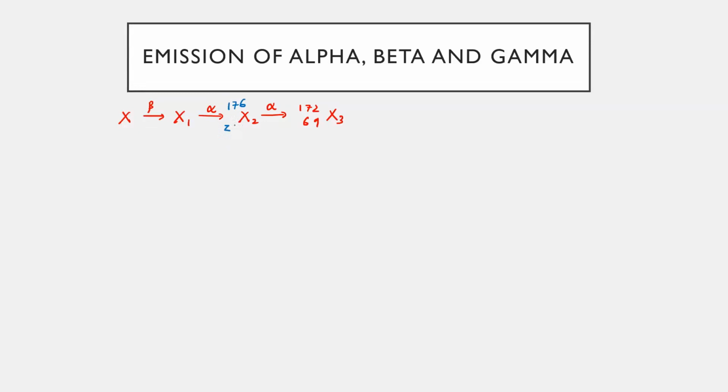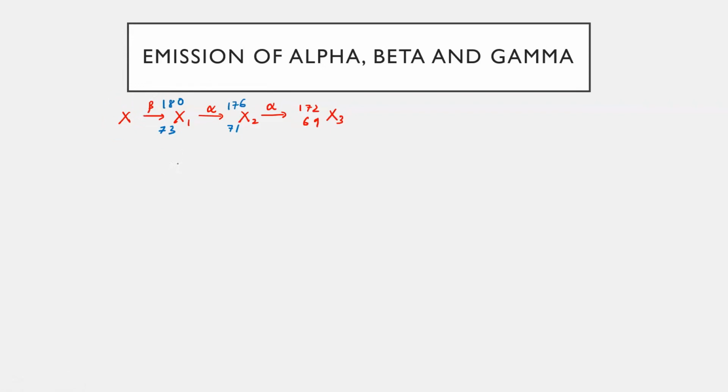And same with Z. So it should be 71, right? 71 minus 2 will give you 69. Okay, correct. So what do you think will come over here then? It should be 180. Yes, 180 is correct, and 73. Very good. Okay, now what about this? Beta is given out.